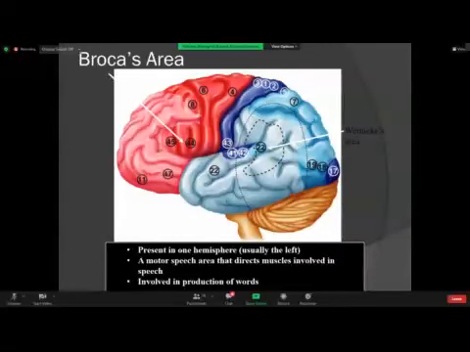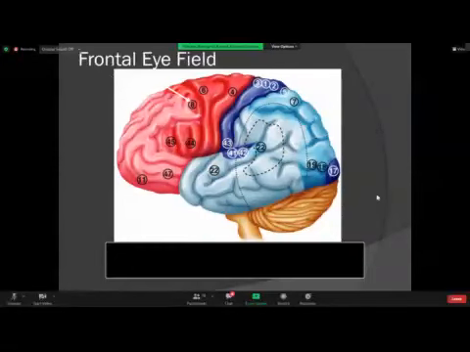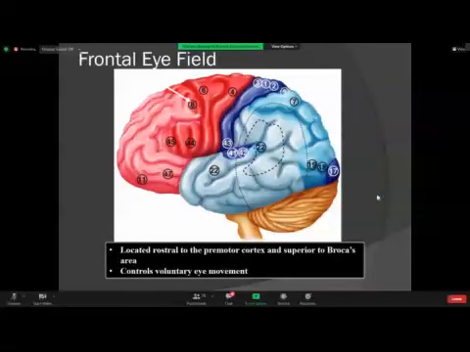We don't have enough time, otherwise I would have shown you videos of how patients with strokes, when they have the Broca's area affected, have trouble producing the words that they want to say. Okay. And then we have the frontal eye field that I just talked to you about. It is located above the Broca's area, and it controls voluntary eye movements.